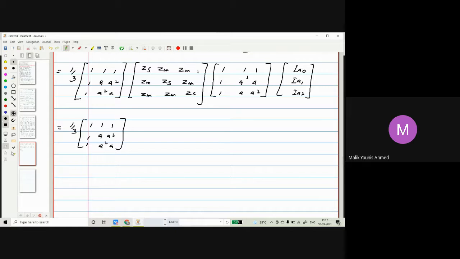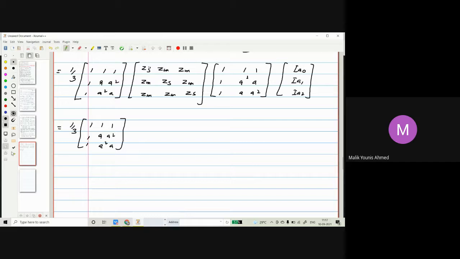See, ZS first row with first column: ZS plus ZM plus ZM. So that will be ZS plus 2ZM. That will become the first entry of this matrix. Next will be ZS plus A square ZM plus A ZM. Okay. Third entry will be ZS plus A ZM plus A square ZM. So that will continue for the others.